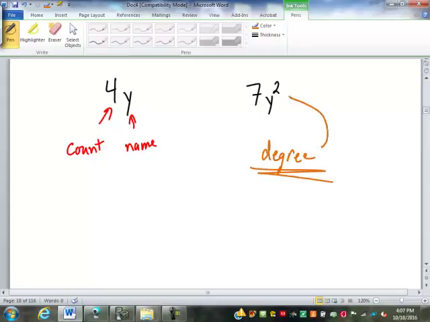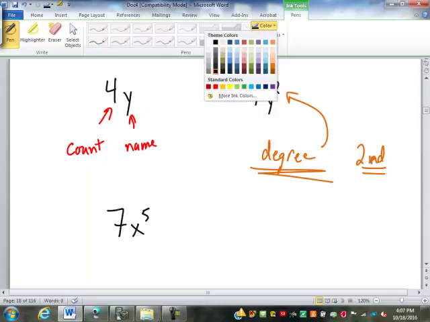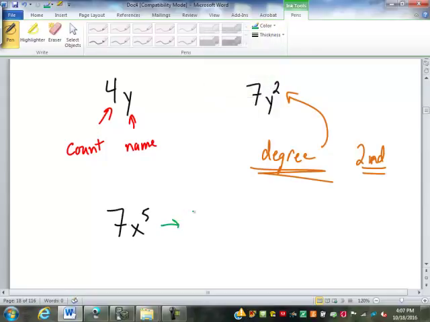So this here would be a second degree, or a degree of 2, because it has a power of 2 on it. So if I have something like 7x to the 5th, what degree is that? It's the 5th degree, or degree of 5.